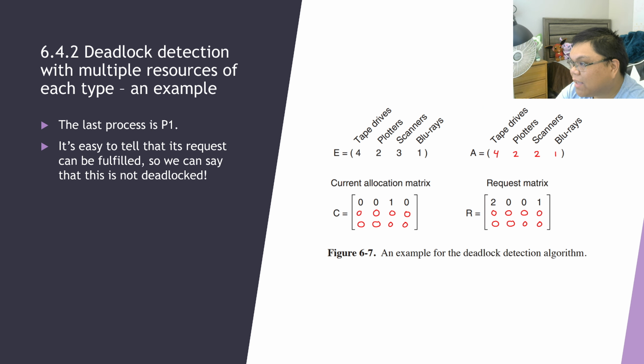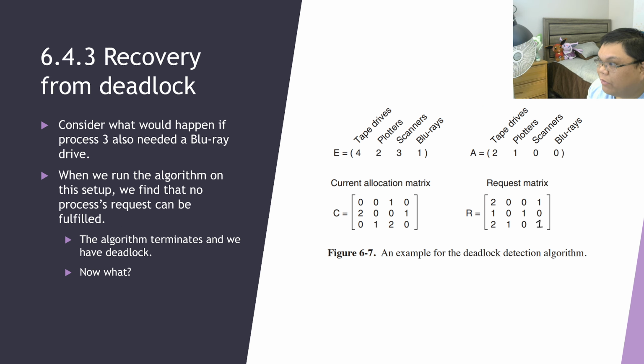But now, if process C also needs a Blu-ray drive, we can't complete that either because we're out of Blu-ray drives. They're all allocated to other processes. In this case, if this was the current state of the system, and we ran this algorithm, then we discovered that we have deadlock. Now what?